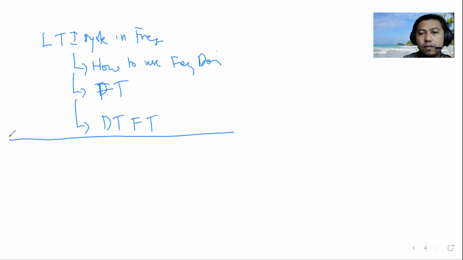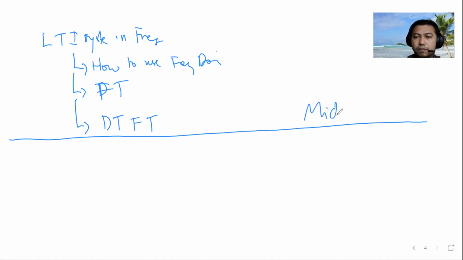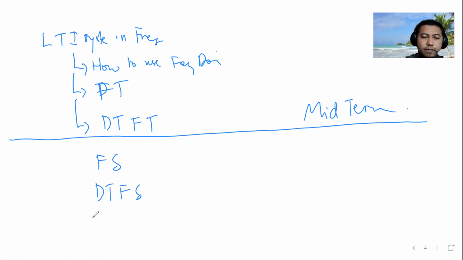For the midterm exercise, we finish until this point. This is the material for the midterm. And then after midterm, we still continue discussing the Fourier series and discrete time Fourier series plus time bandwidth product. So this is for after midterm.